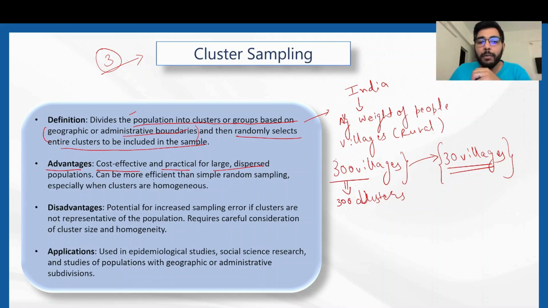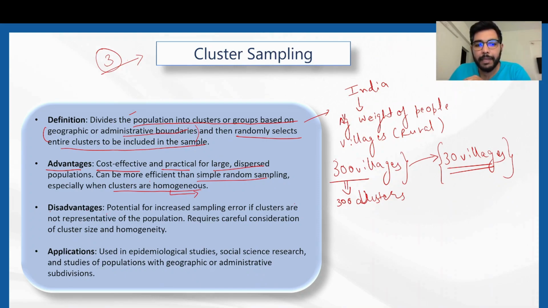It can also be more efficient than simple random sampling, especially when the clusters are homogeneous in nature. If the population distribution was the same across the 300 villages, it would be a better option to use cluster sampling over simple random sampling. Coming to the disadvantages of cluster sampling.